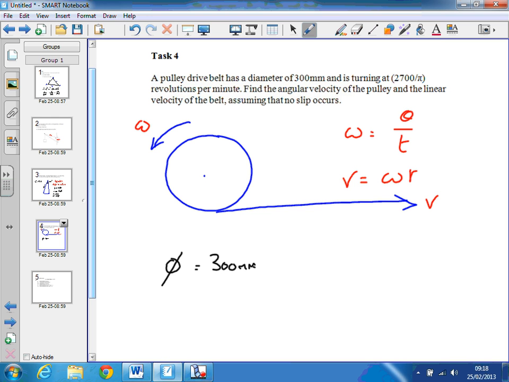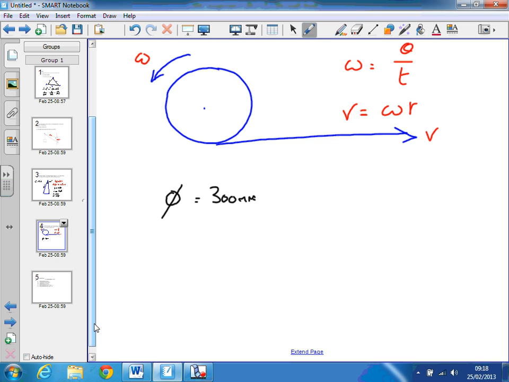No, that's the speed. It's the frequency. 2,700 over pi revolutions per minute. That's the frequency.